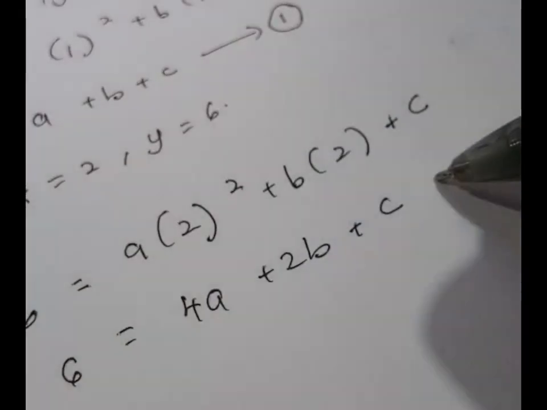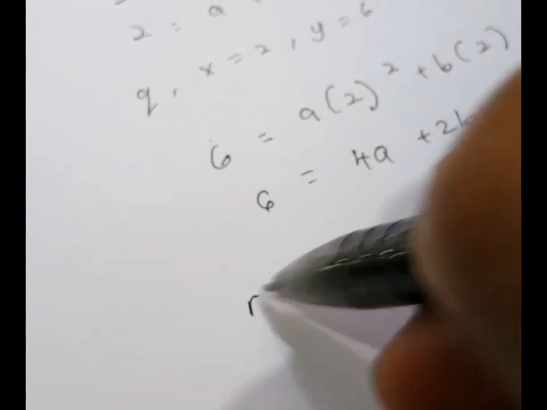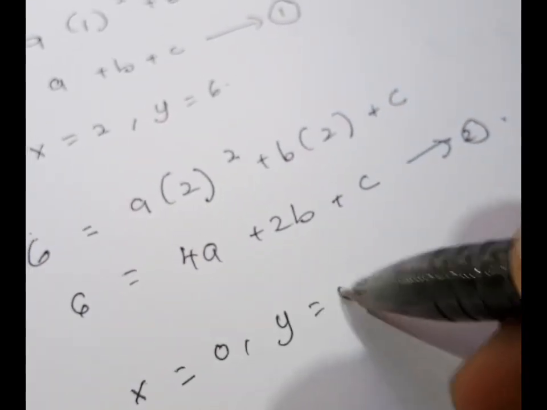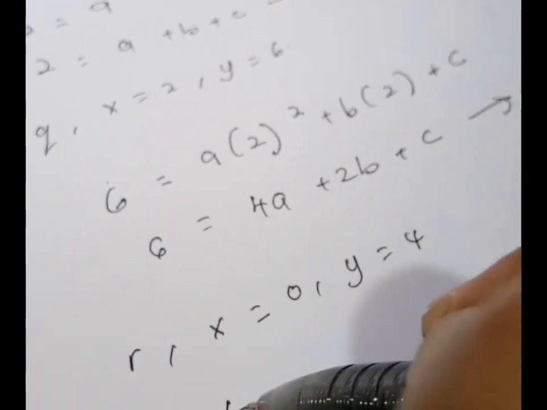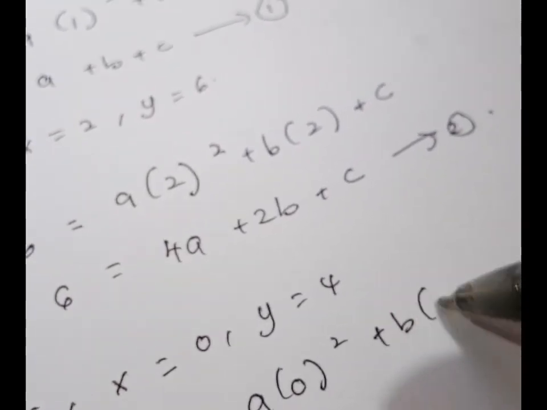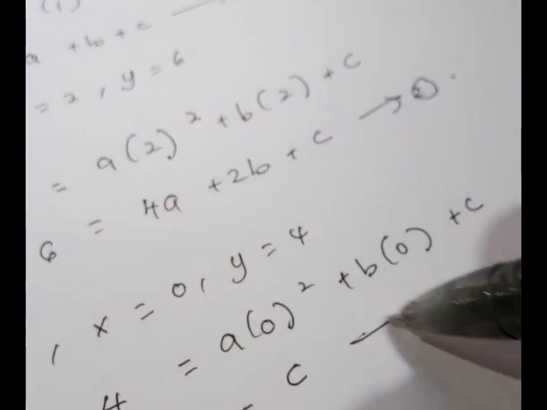This is equation 2. The last one, R, is when x equals 0 and y equals 4. Again, we have 4 equals a(0) plus b(0) plus c. So c is 4. This is equation 3.